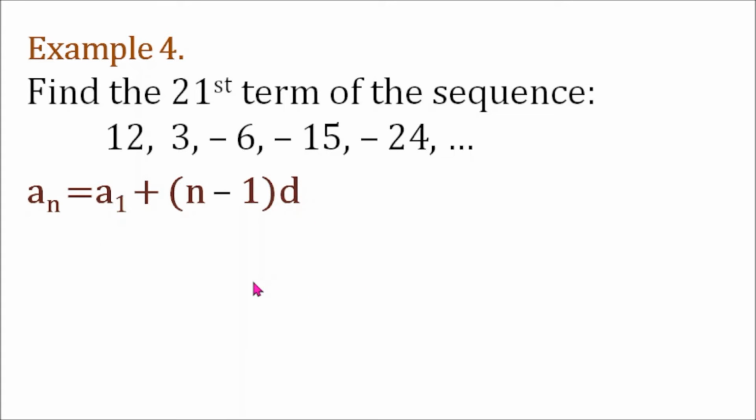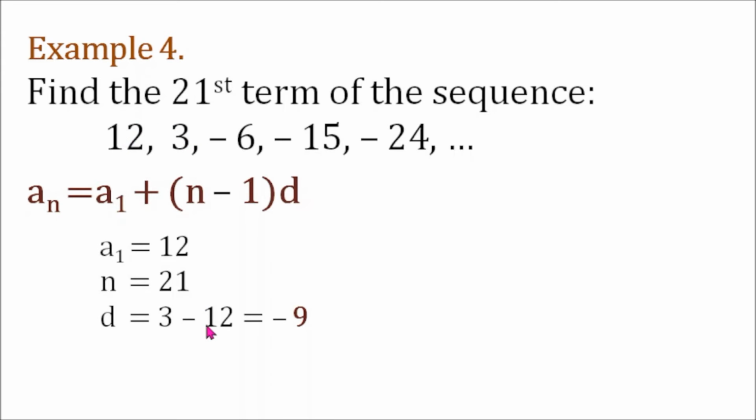The things we know are a sub 1 equals 12 and n equals 21. Now to find d, we pick any of these terms, then minus its preceding term. For example, if we pick 3, that's 3 minus 12, which is equal to -9.